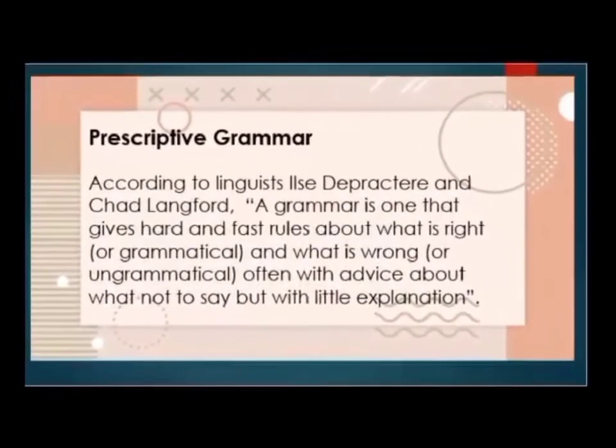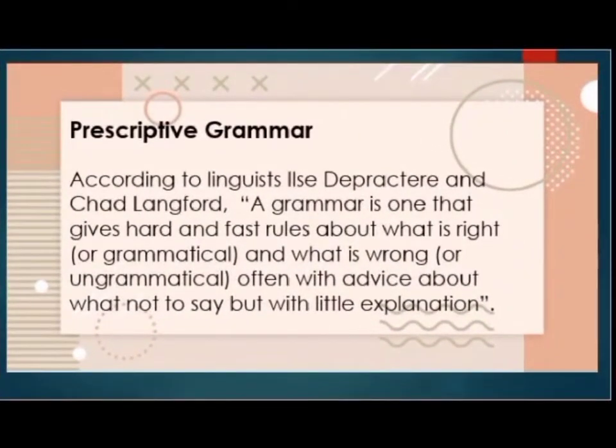Prescriptive grammar. When we say prescriptive grammar, it is the traditional approach to grammar that tells people how to use the English language, what forms they should utilize, and what function they should serve.